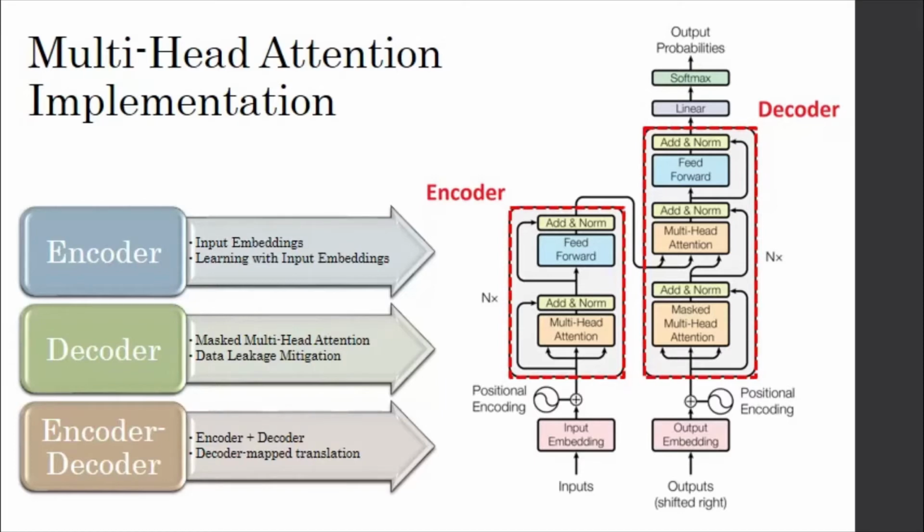The third and final implementation of multi-head attention in the transformer model also takes place in the decoder stack, but it is a combination of the encoder and decoder values. For this reason, it is referred to as the encoder-decoder attention layer. In this process, queries come from the previous layer, following masked multi-head attention, while the keys and values originate from the encoder stack's output.